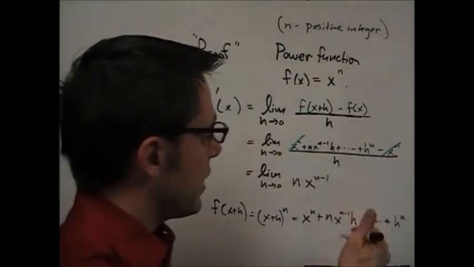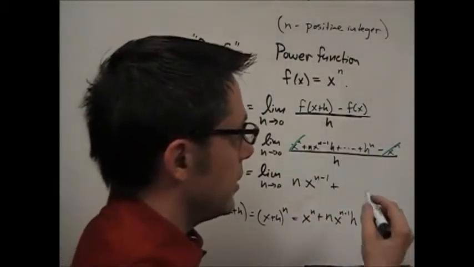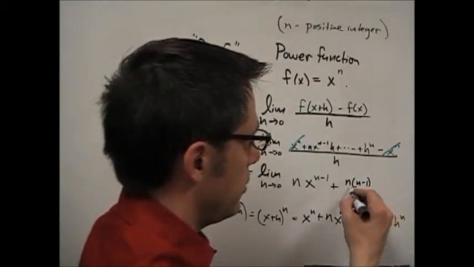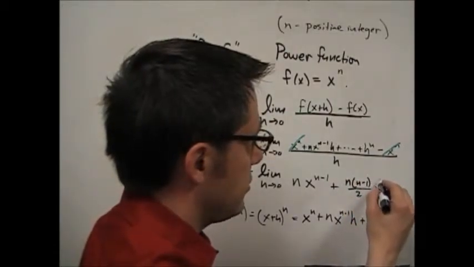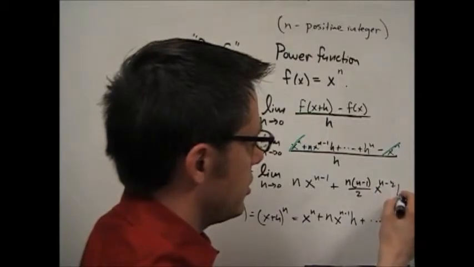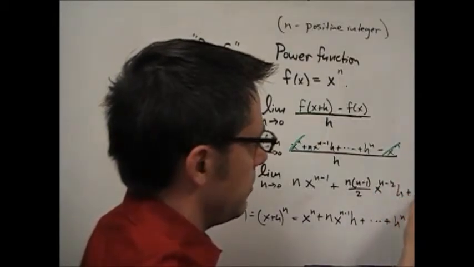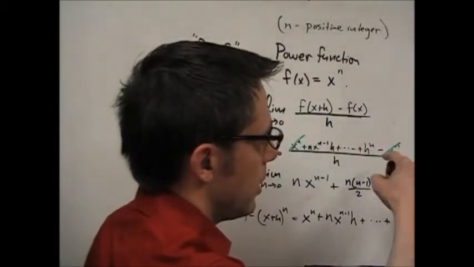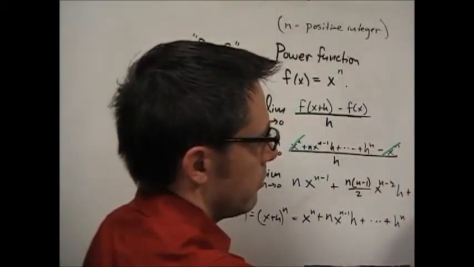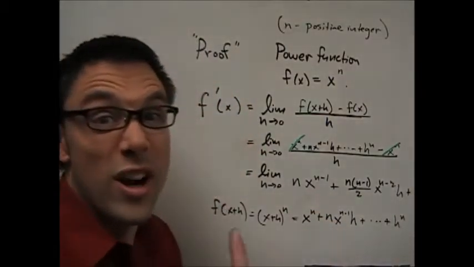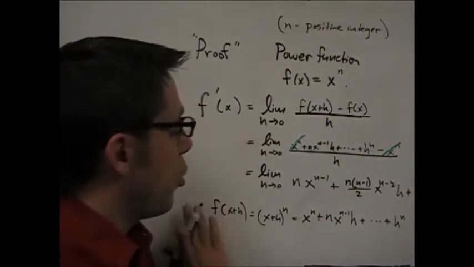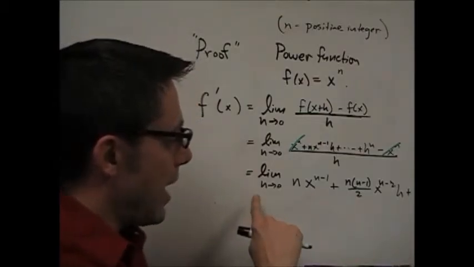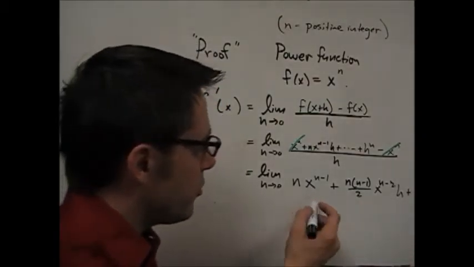The second term is going to be something like n times n minus 1 over 2, x to the n minus 2, with an h there. It doesn't really matter, but the point is that everything else, and of course there's h to the n, I have one less h. So the whole point is that if I divide every term by h, everything has an h in it except for this first term here.